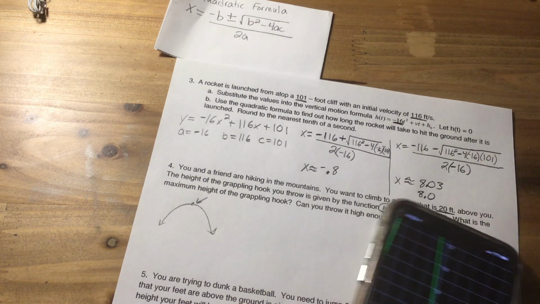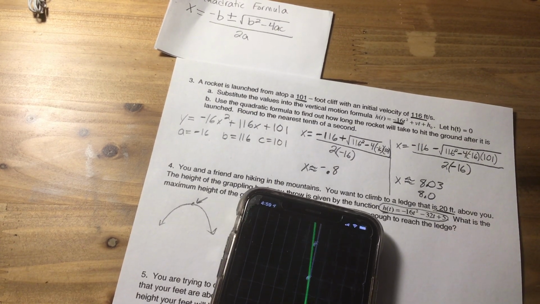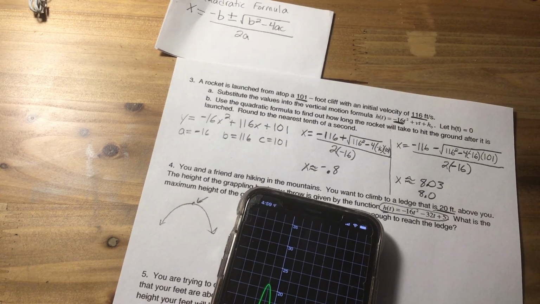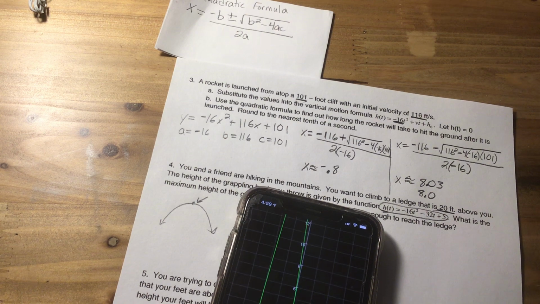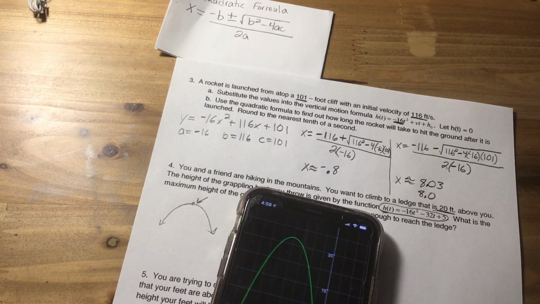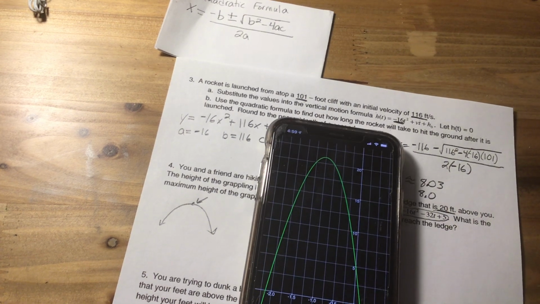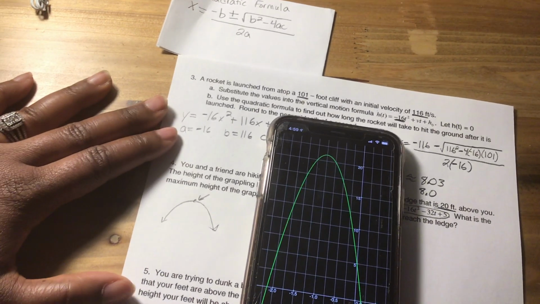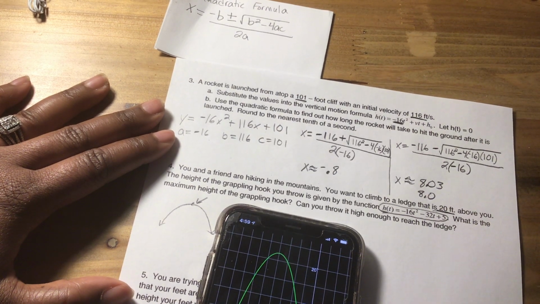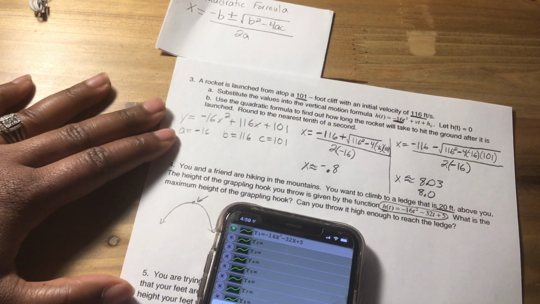What do you want? 20. Okay, you see that? Let me make sure, did I type that in right?